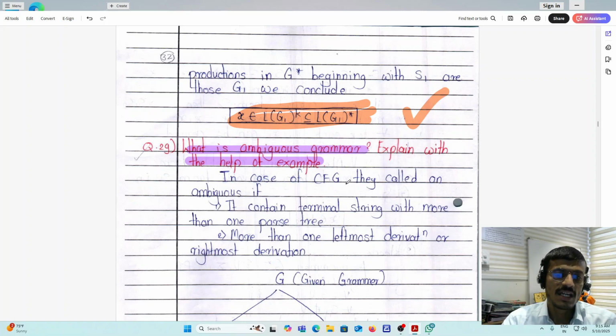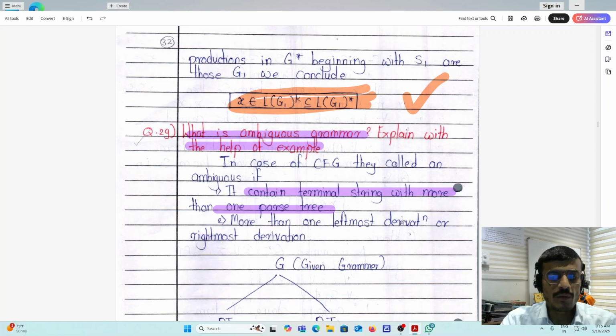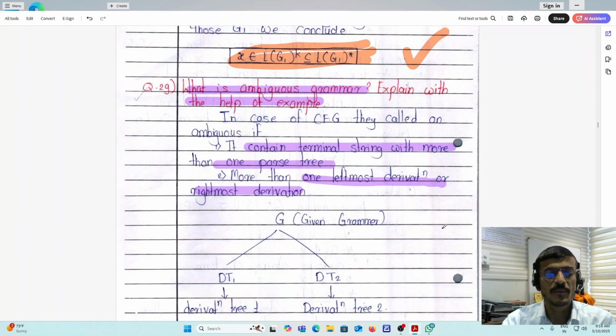So you can see here, in the case of CFG, it is called ambiguous if it contains a terminal string with more than one parse tree, as I said earlier. So for the given set of productions, it gives you more than one parse tree, more than one leftmost derivation or rightmost derivation, depending on the case.